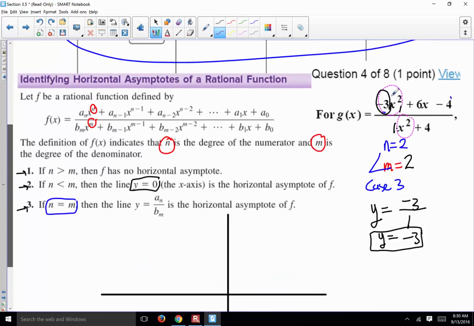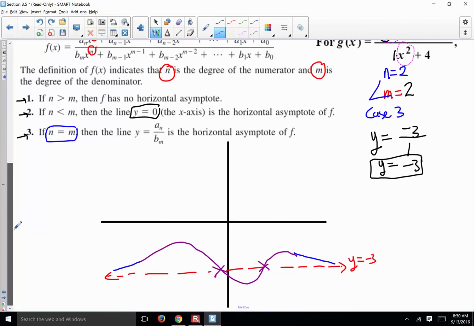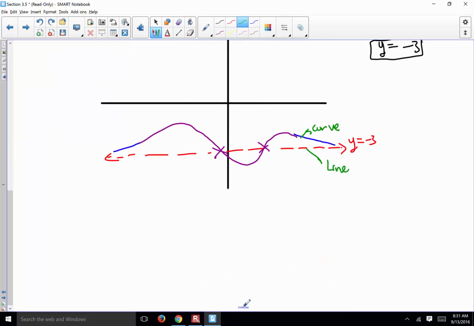From this equation, if you want to check two curves, there are actually two curves here. One of them is a line. This is the line. This is the curve. If you want to check a curve and line crossing each other, what do you need to do? You just need to set their equations equal to each other. So what is the curve equation?